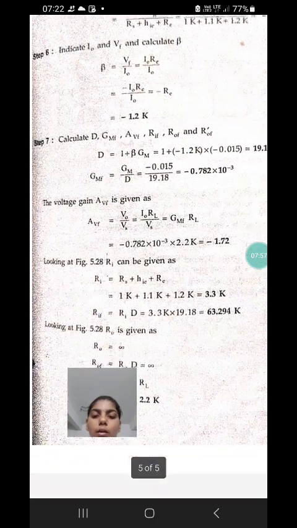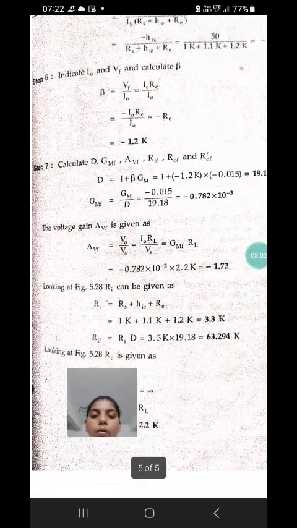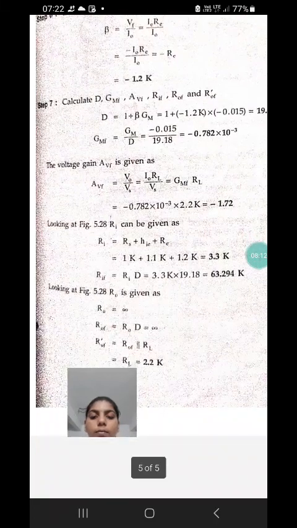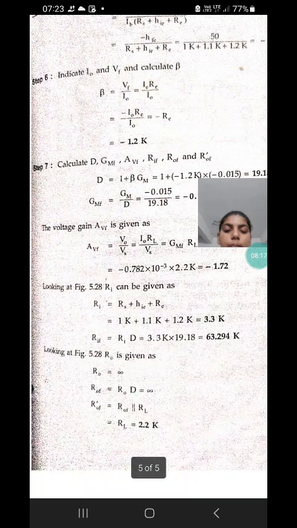RI, the input resistance, is RS plus hie plus RE, since they are in series. RIF means RI into the desensitivity factor.